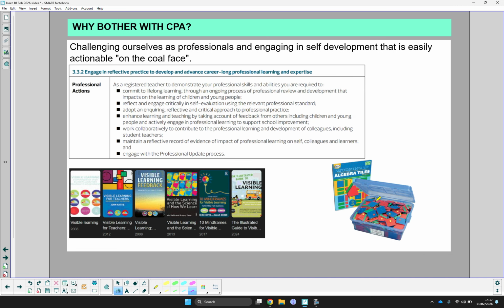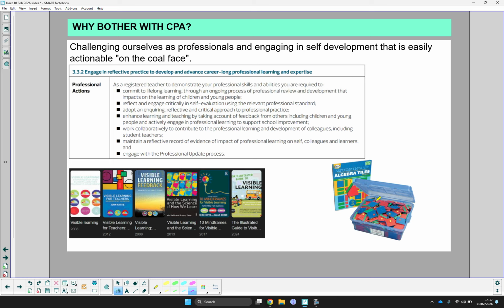I also think engaging with CPA is a good way to challenge ourselves as professionals. We keep being told about How Good Is Our School and the standard for registration. And it is part of our standard for registration, the fact we're meant to be developing, lifelong development as we go through the profession.